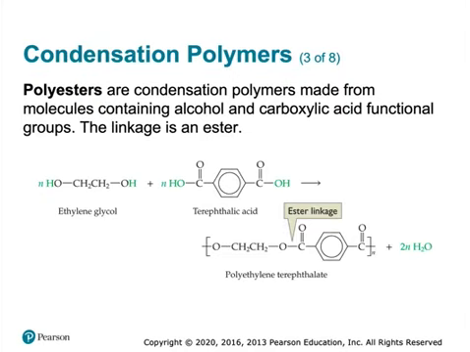And then a polyester has an ester linkage, where you have the carboxylic acid group connected to a hydrocarbon. So here is polyethylene terephthalate. This is known as PET. This is what a lot of soda bottles are made of.